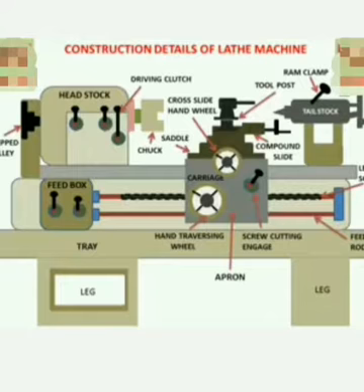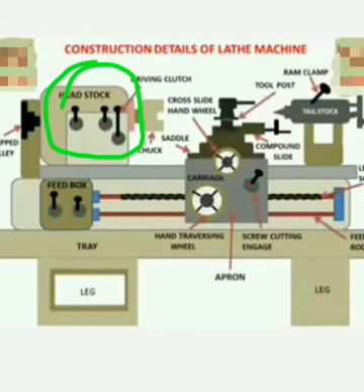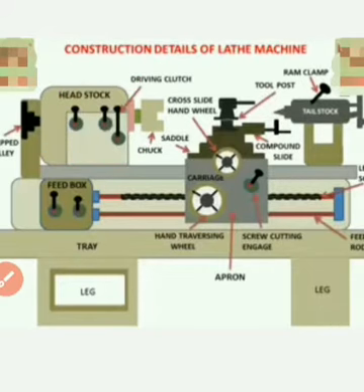Now the next portion is the headstock. Here is the headstock. What is the function of the headstock? The function of the headstock is to carry the gear train to rotate the workpiece at different RPM.